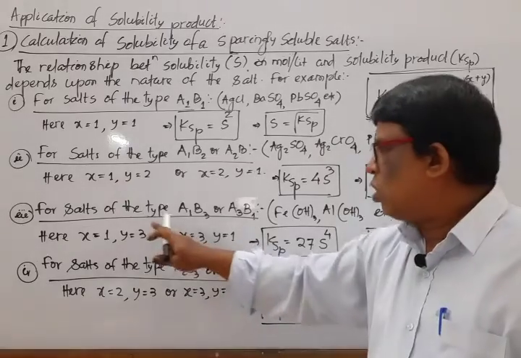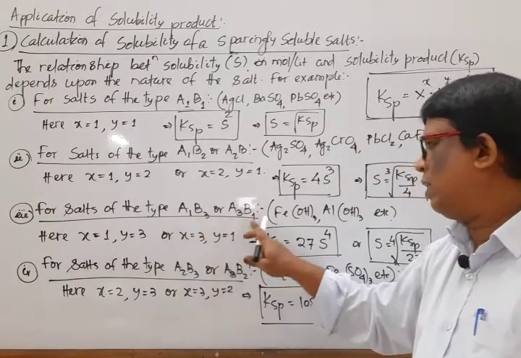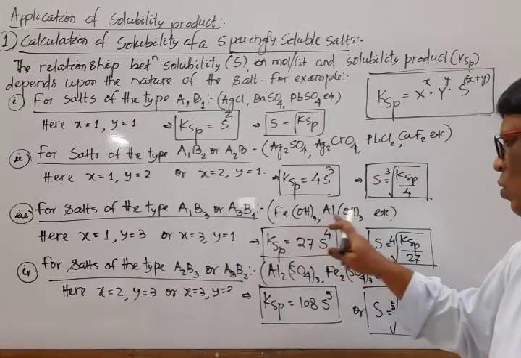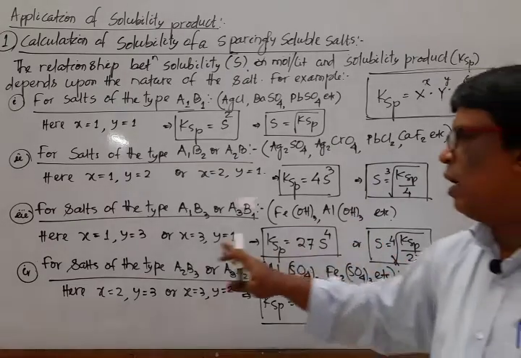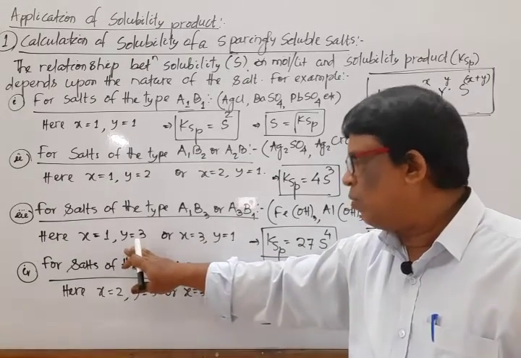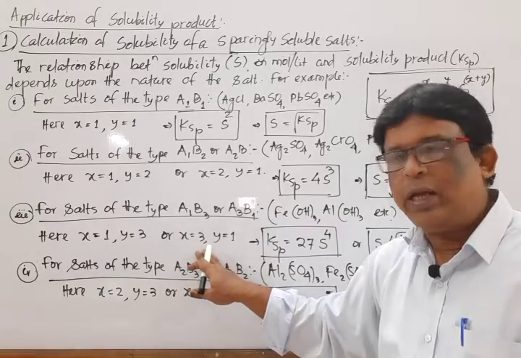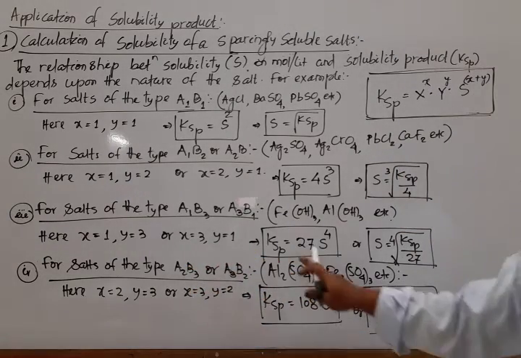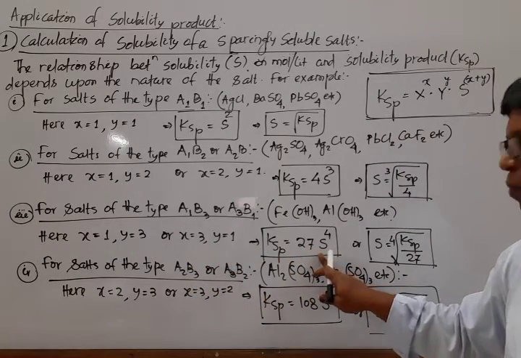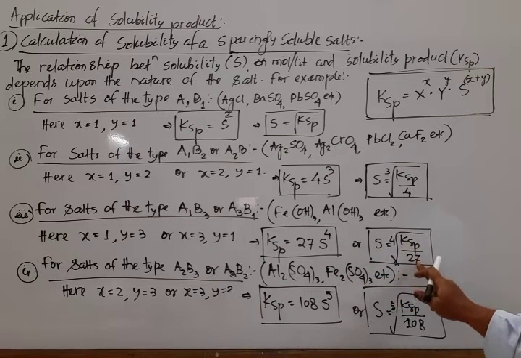Next one, salt of the type A1B3 or A3B1. For example, ferric hydroxide, aluminum hydroxide, etc. Here you may put either x equal to 1, y equal to 3 or x equal to 3, y equal to 1. By putting this value, Ksp is equal to 27 S to the power 4, or S is equal to fourth root of Ksp by 27.